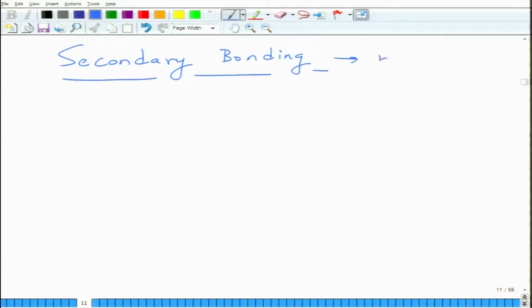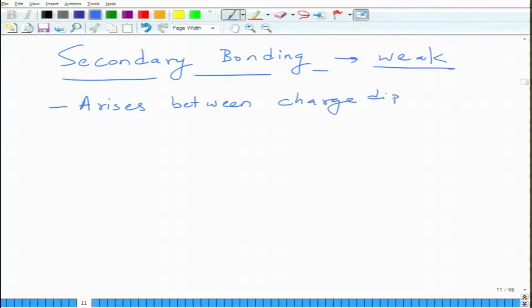This is basically weaker than the primary bonds, and this arises from interaction between charged dipoles on the surface.